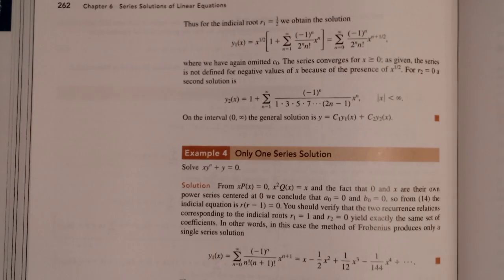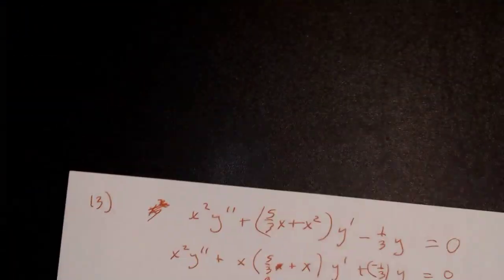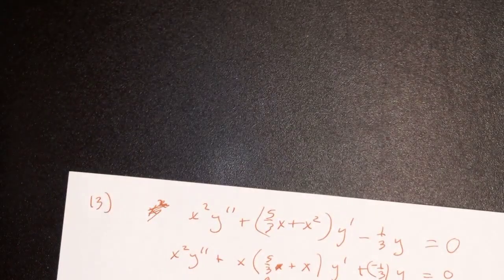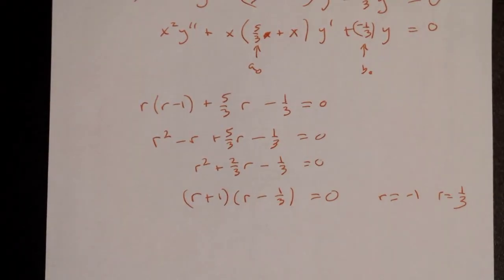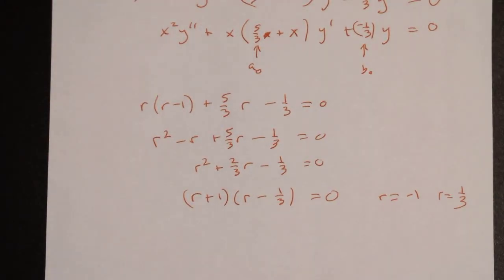But Frobenius only guaranteed me one series, so that's okay. Sometimes I get one, sometimes I get two. It depends on the integers. So I can't guarantee that I'm going to get two solutions.